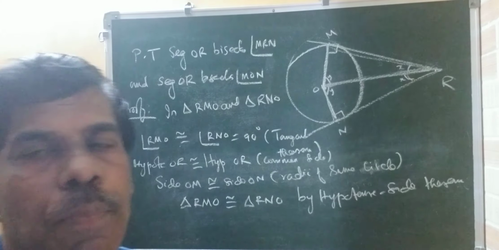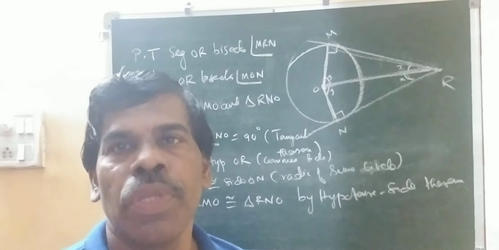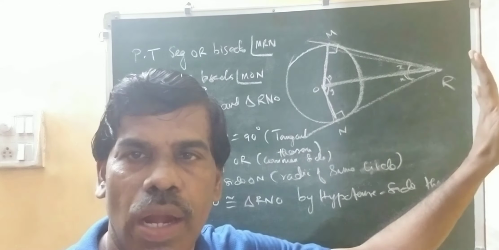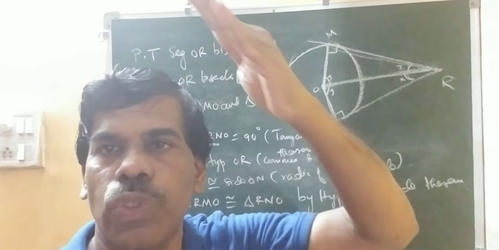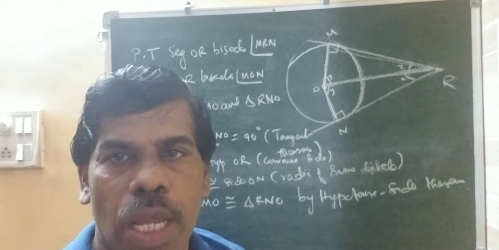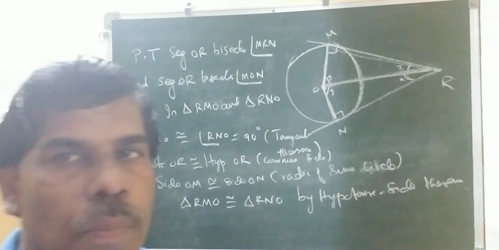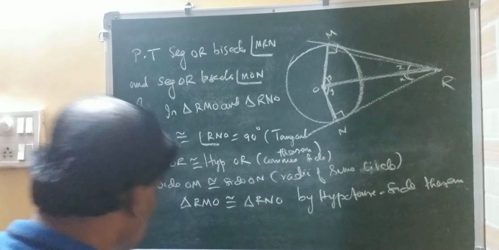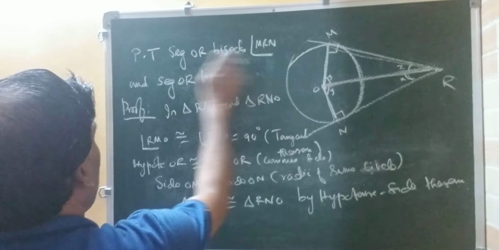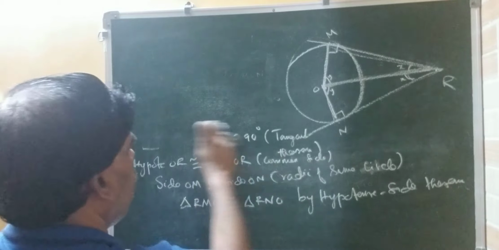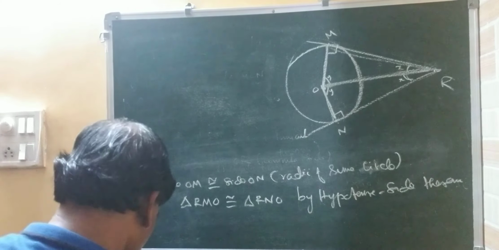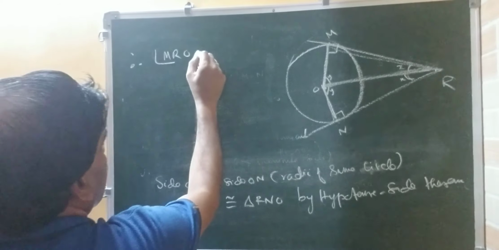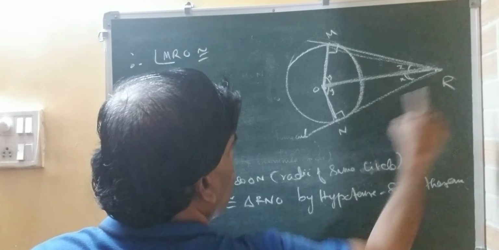See what the hypotenuse side theorem says: in two triangles, if the hypotenuse and one side of one triangle are congruent to the hypotenuse and side of the other triangle, then both triangles are congruent. If two triangles are congruent, then all the sides are congruent and all the angles are also congruent. Therefore, angle MRO is congruent to NRO.